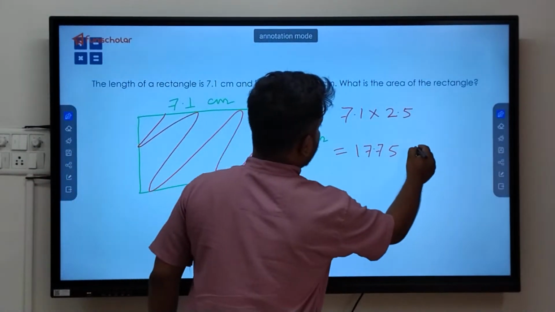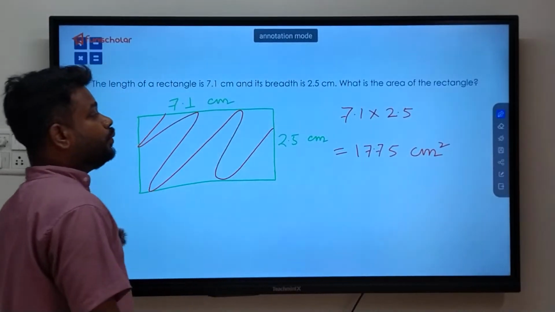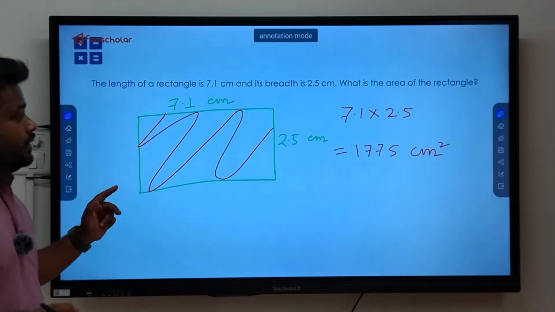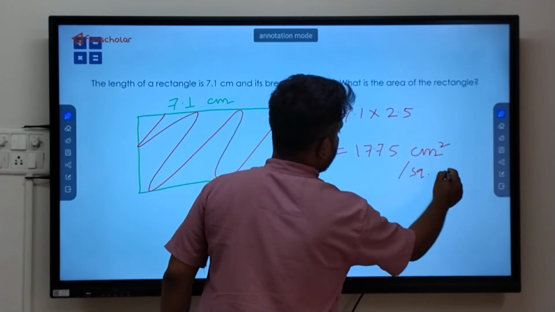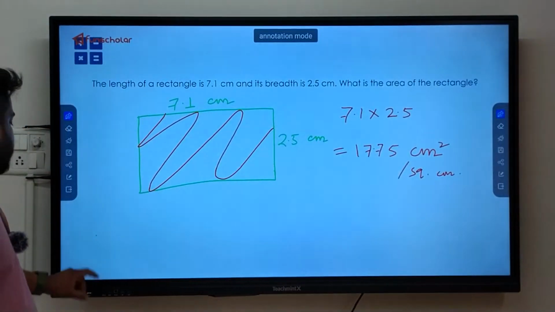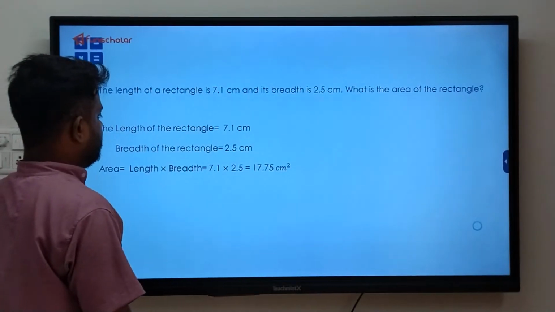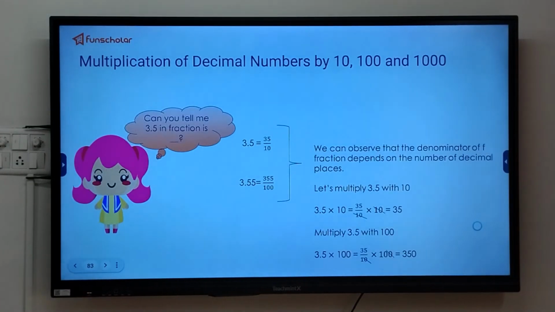One thing to remember: the unit of any area must be written in square format, like centimeter square or square centimeter. So the answer is 17.75 centimeter square.